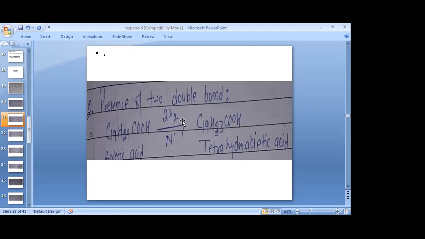So after complete reduction of abietic acid, it first converts into C19H33COOH, and after further reduction, CO2 is removed and it converts into C19H34.